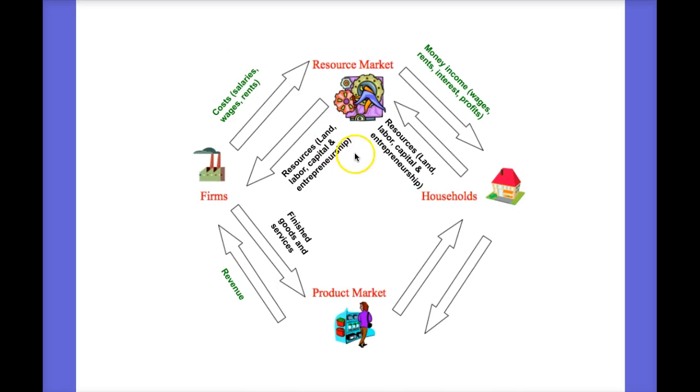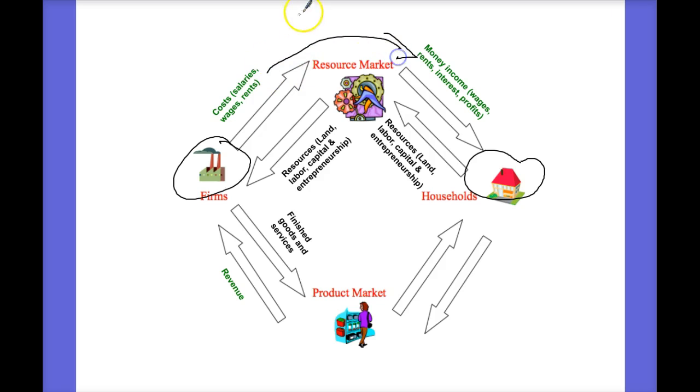Okay, and then this brings us to our next portion that we're going to look at. So what happens when those firms or those businesses get all the resources from households and have paid for them? Remember that this is money up here because they incur a cost for those resources that they get, and that cost then becomes the money or income that households make in exchange for their resources, their land, labor, capital, and entrepreneurship.